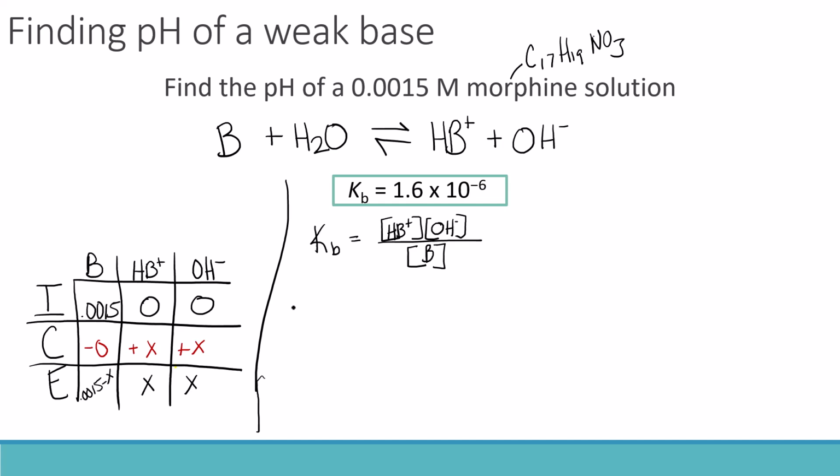We're given our value for Kb, so it's 1.6 times 10 to the negative 6th. And at equilibrium, our products are X and X, and our reactant is 0.0015 minus X.